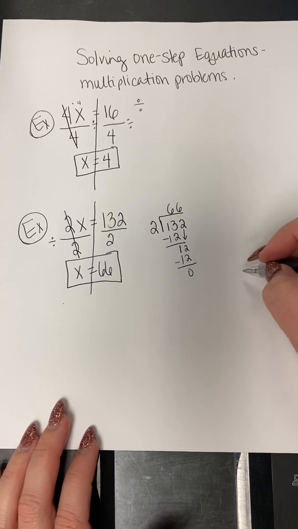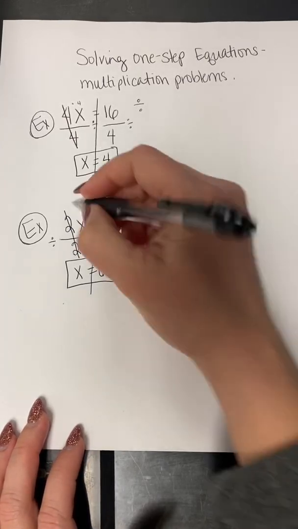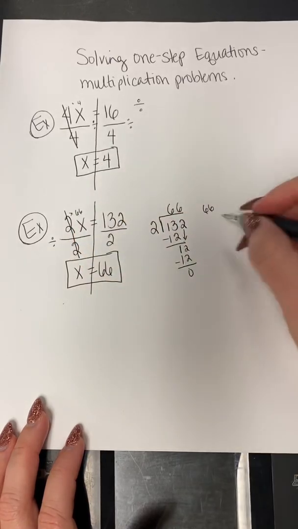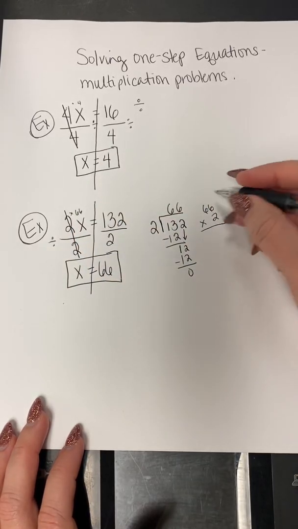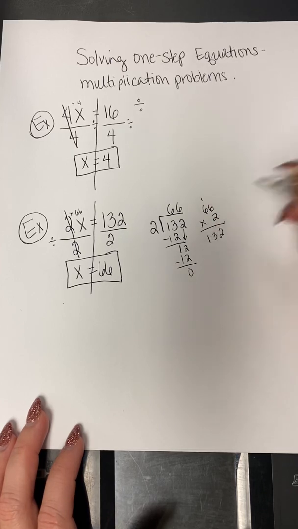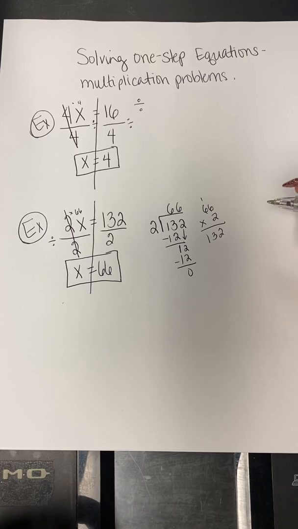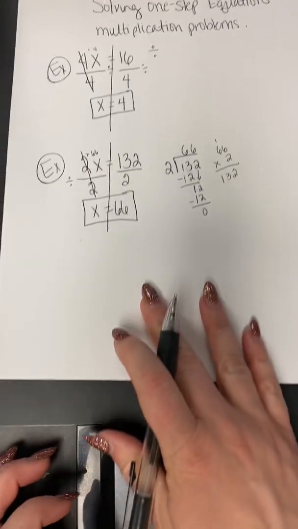So our answer is 66. If you wanted to check it, make sure that 66 times 2 does give you 132. Well, this is 12. This is 13, so 132. It checks out. Okay, let's do one more.